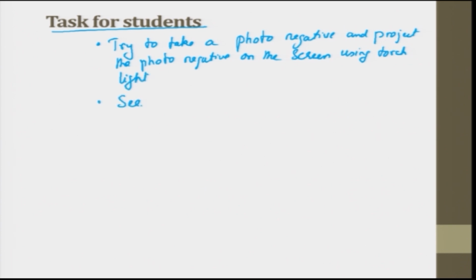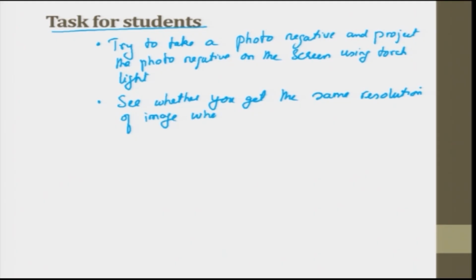See whether you get the same resolution of image when we move from the center of the image to the corners.